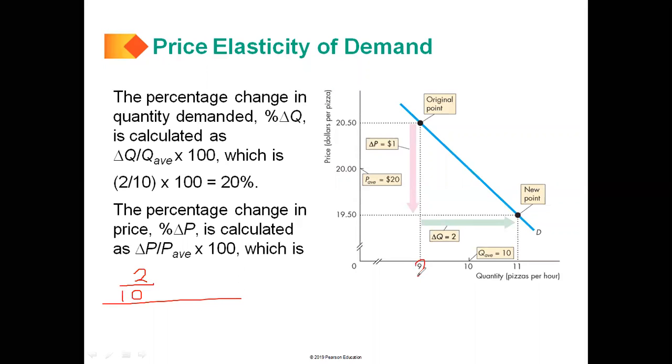I just took 9 and 11. I can add them, 20, and divide by 2 is 10, or you can just know that 10's exactly. So this is the fraction. This was the change in quantity demanded divided by the average, and so this is the average.